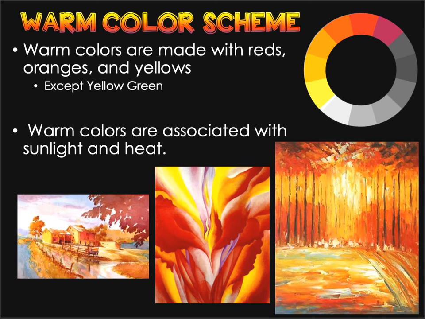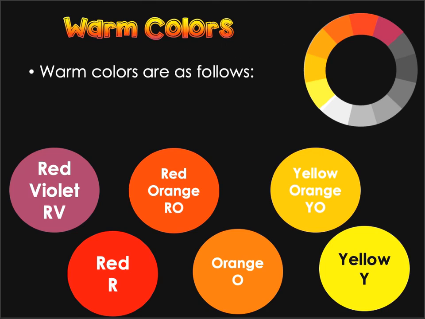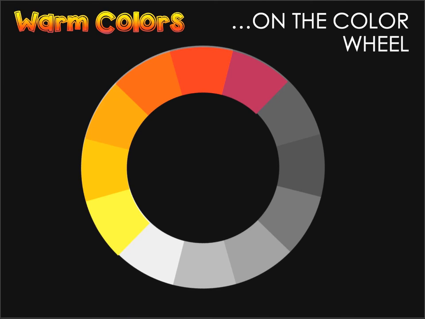Now, warm colors, I associate these with sunlight, with heat, and so they are all these shades except yellow-green. So they include reds, oranges, yellows, except yellow-green. Again, red-violet, red, red-orange, orange, yellow-orange, and yellow. It's that half of the color wheel.